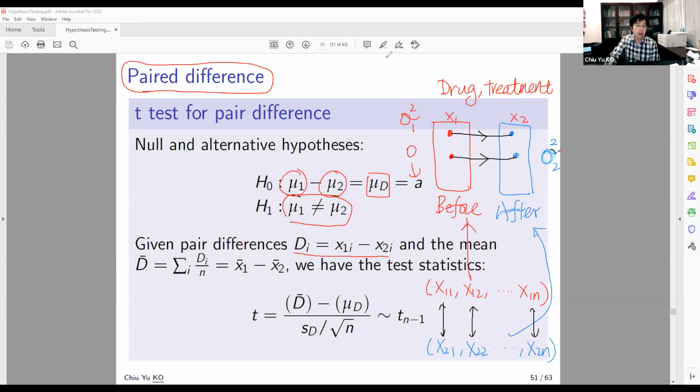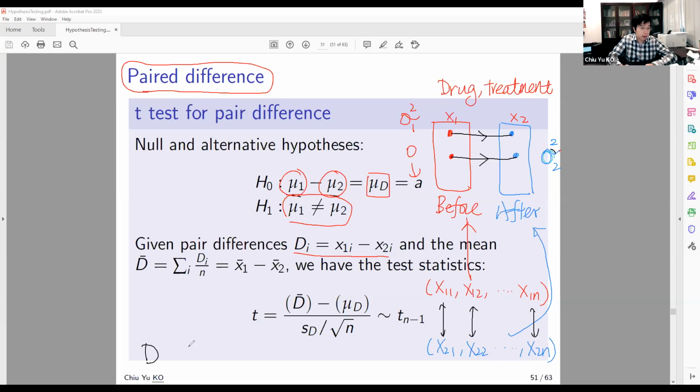So the standard deviation of x1 minus x2 can be very complicated. We don't really know.